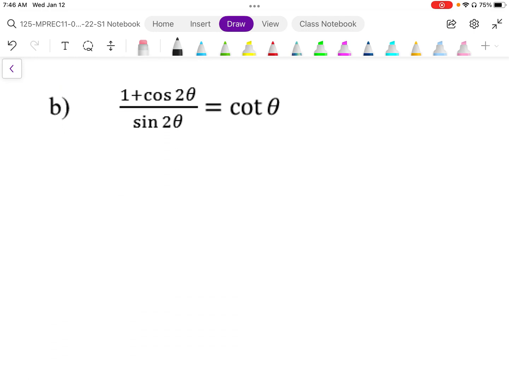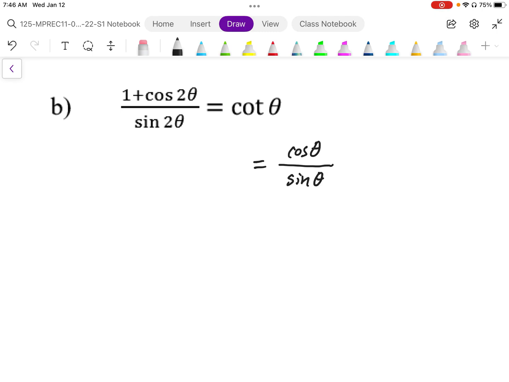Okay, so here I've got a 2 theta, so I'm going to use my double angle identity to convert that to a single angle theta because I have to have my thetas match. And I'm going to do the same thing as I did before. I'm going to convert that cotan theta to cos theta over sine theta.